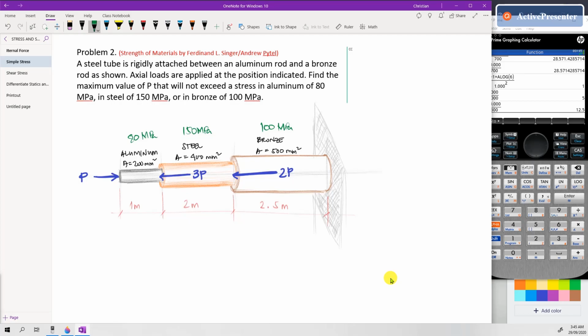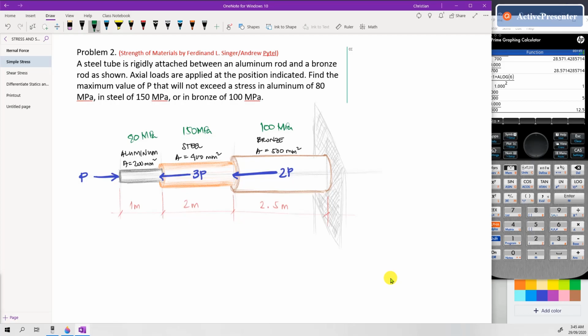So anong approach ang gagawin natin? So we need to determine pa rin ano yung magnitude ng actual force, okay, doon sa bawat material natin. Okay?